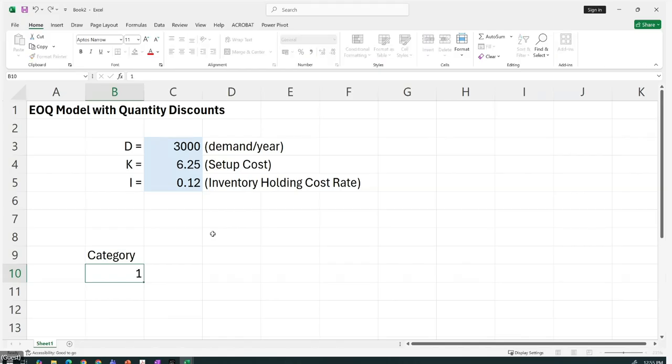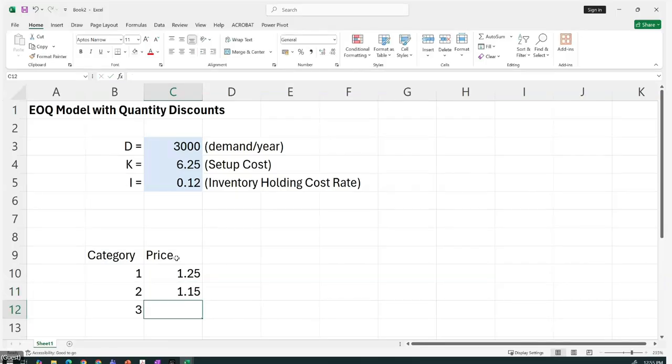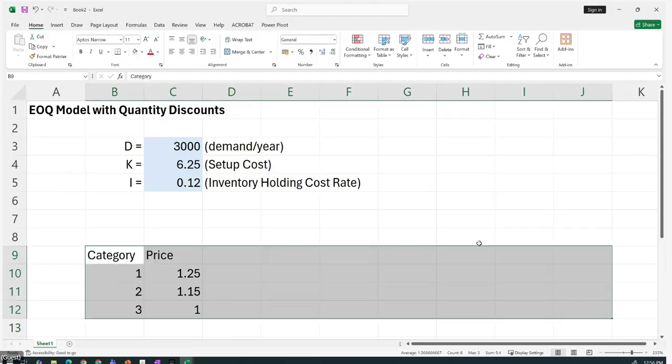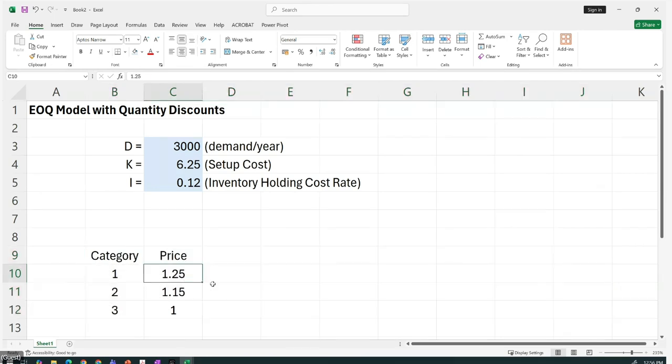I have 3 categories of discounts, correct? And the price in each one is changing. So for instance, my first category price is 1.25, second category price is 1.15, and in the third category, the price is even less, which is 1. Right?